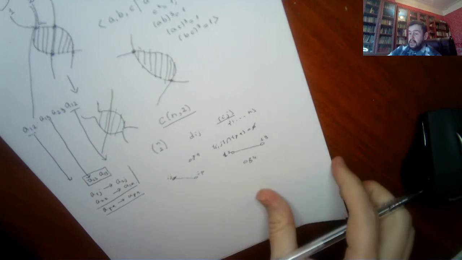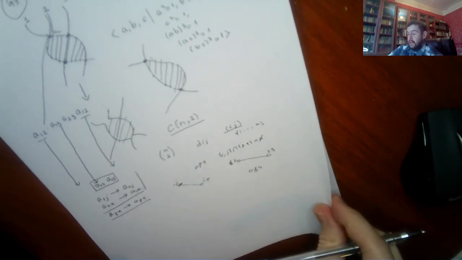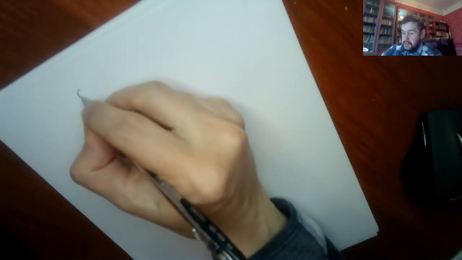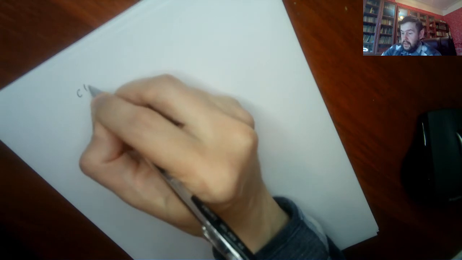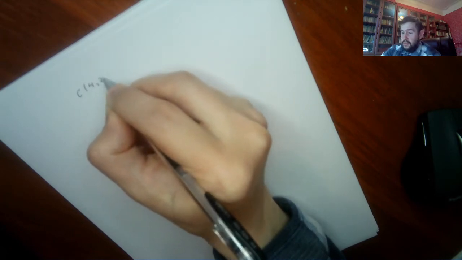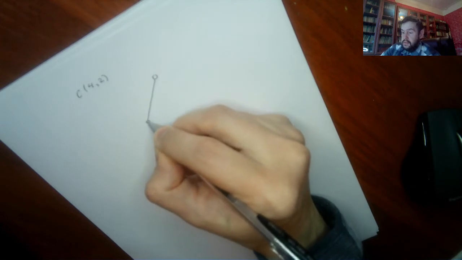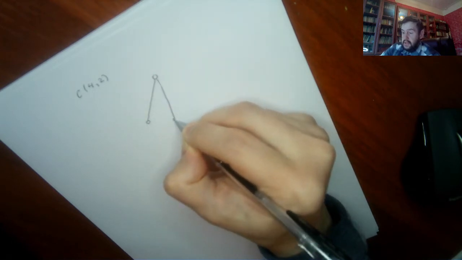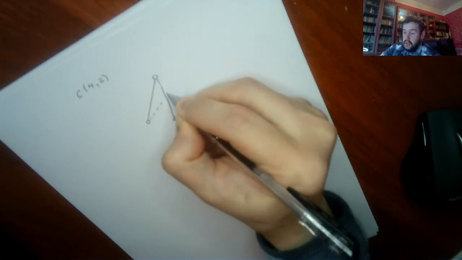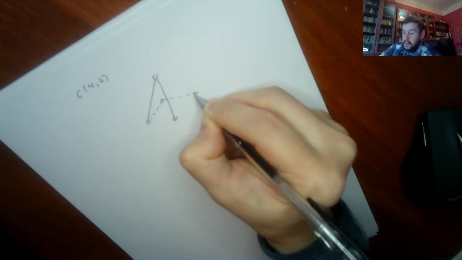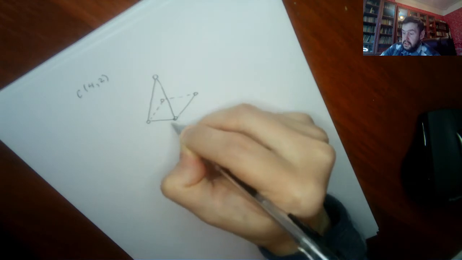So let me give an example. For example, I can consider the Coxeter group corresponding to C(4,2), and the vertices of this Coxeter group will correspond to the vertices of the octahedron. Я сейчас расскажу, как выглядит граф в случае C4.2.